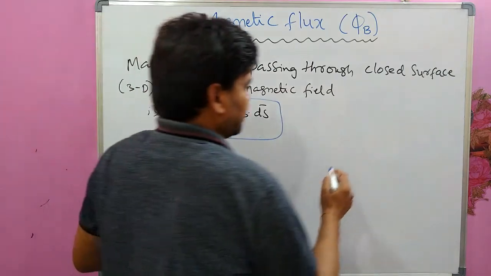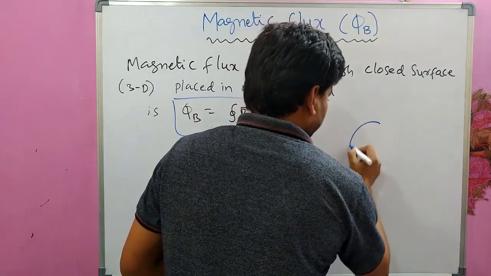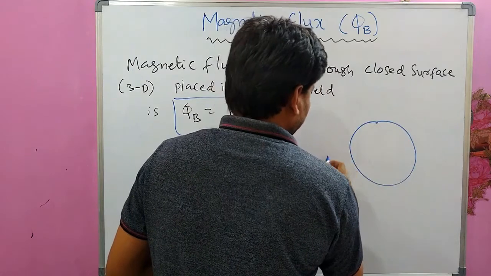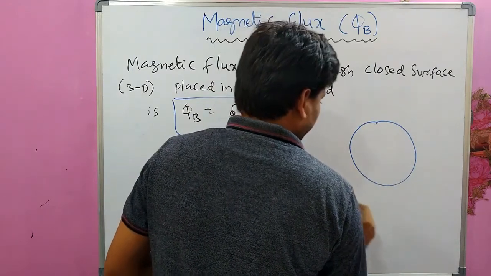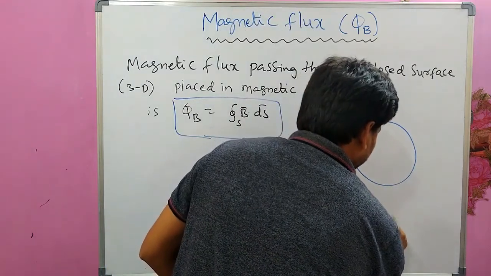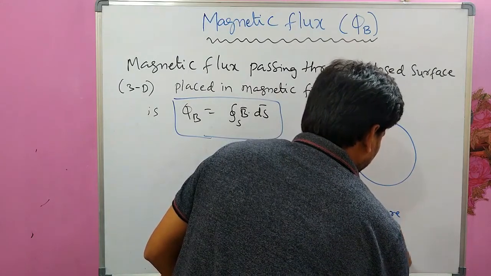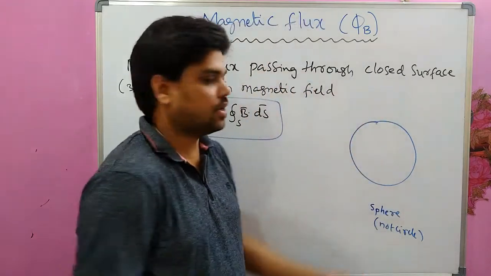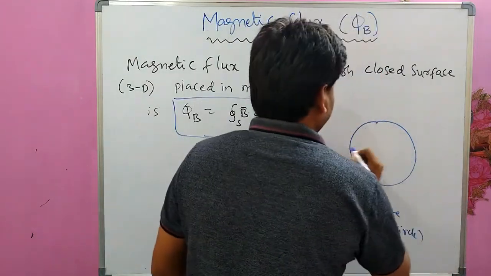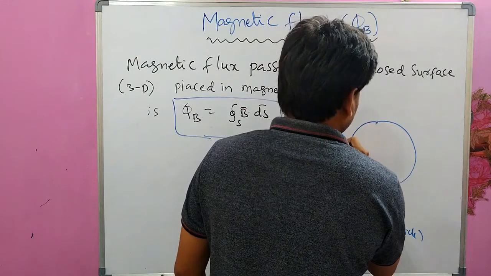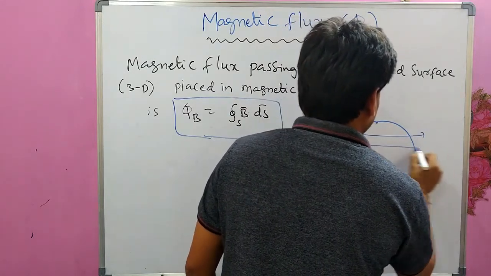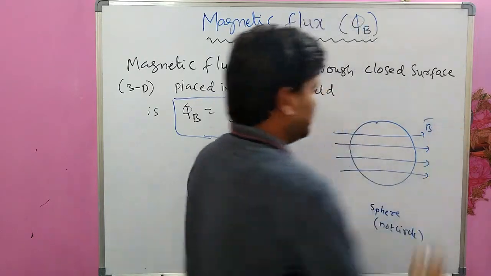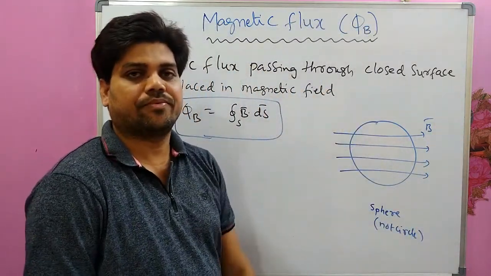So it is like, consider a sphere. See, this is not a circle, this is a sphere. Okay, and let us say the magnetic field is in this way. So this is the magnetic field direction, right?